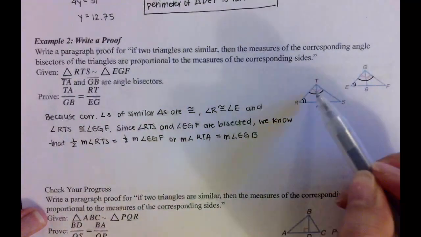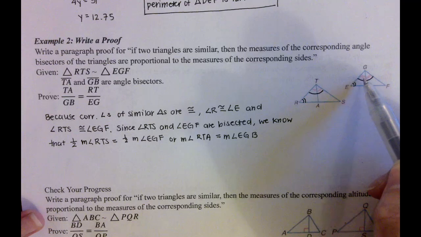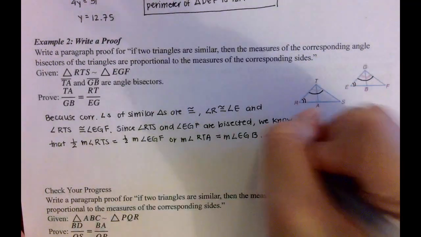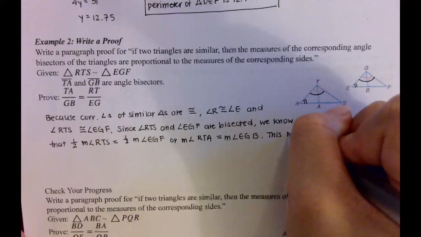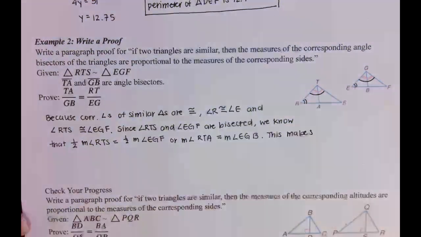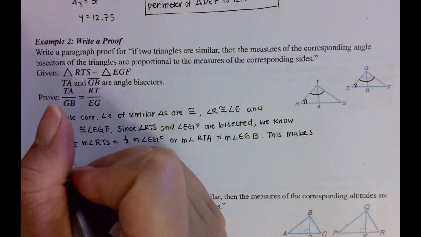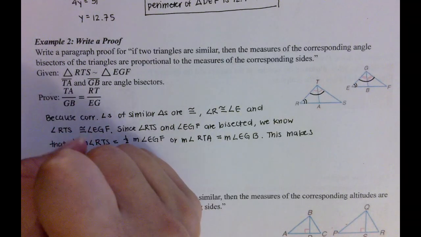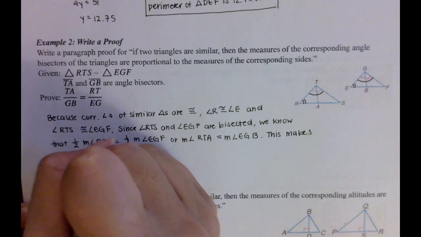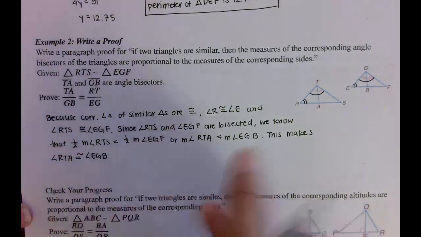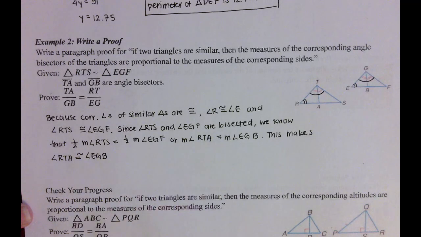Right? So RTA, this one here, would be equal to EGB because each of them are half of their own angles and those original angles were congruent. So this makes angle RTA congruent to angle EGB, right? Because if their measures are the same, that means they're congruent.